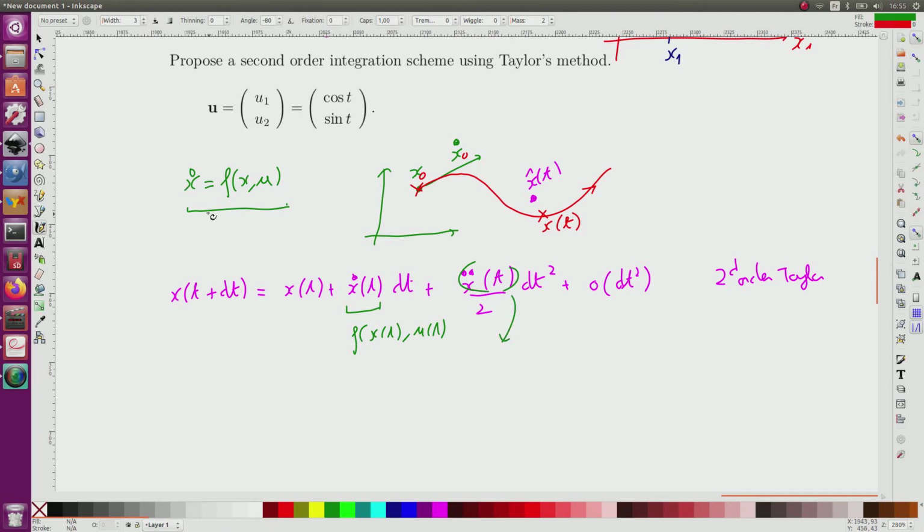So for this I will differentiate this one, and I will obtain that x dot dot is equal to partial derivative at x u multiplied by x dot plus partial derivative of f with respect to u at x and u multiplied by u dot. So I can replace this quantity here.